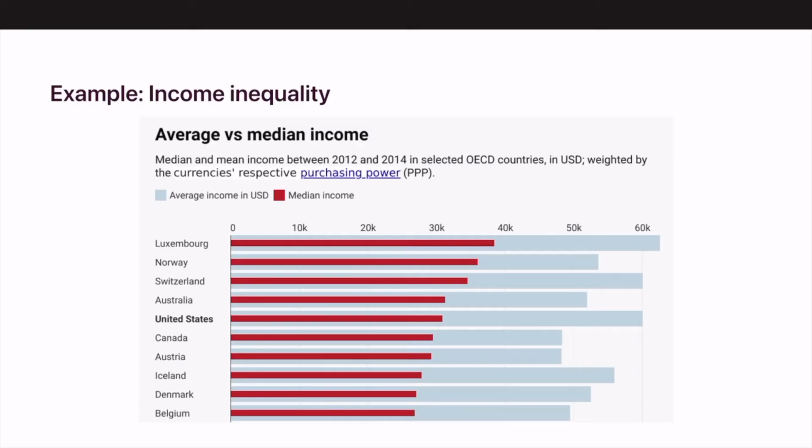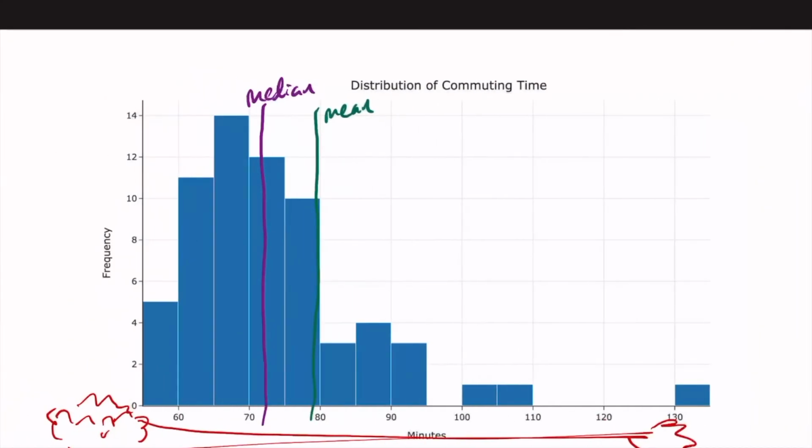And so, real quick, going back to this slide, one of the nice things about the median is that we know that the number of values to the left of the median equals the number of values to the right of the median.